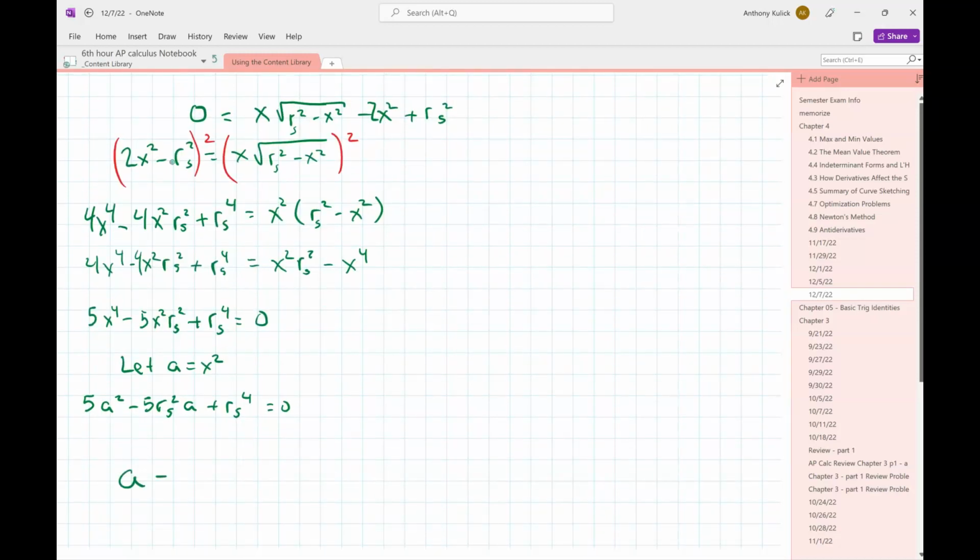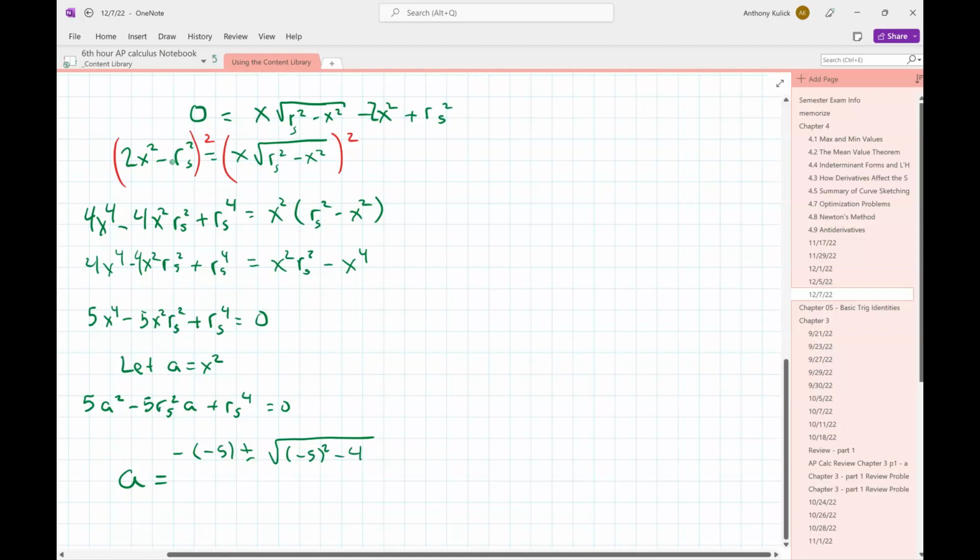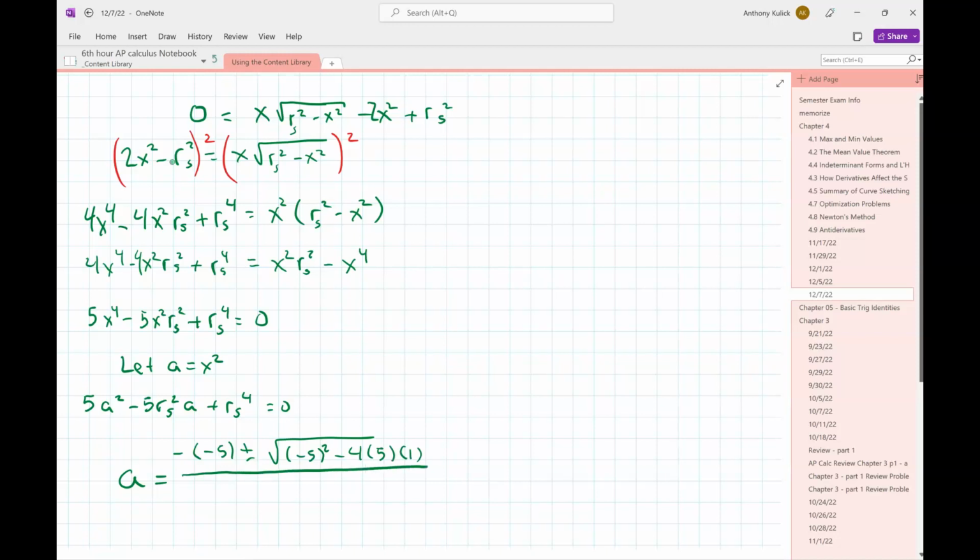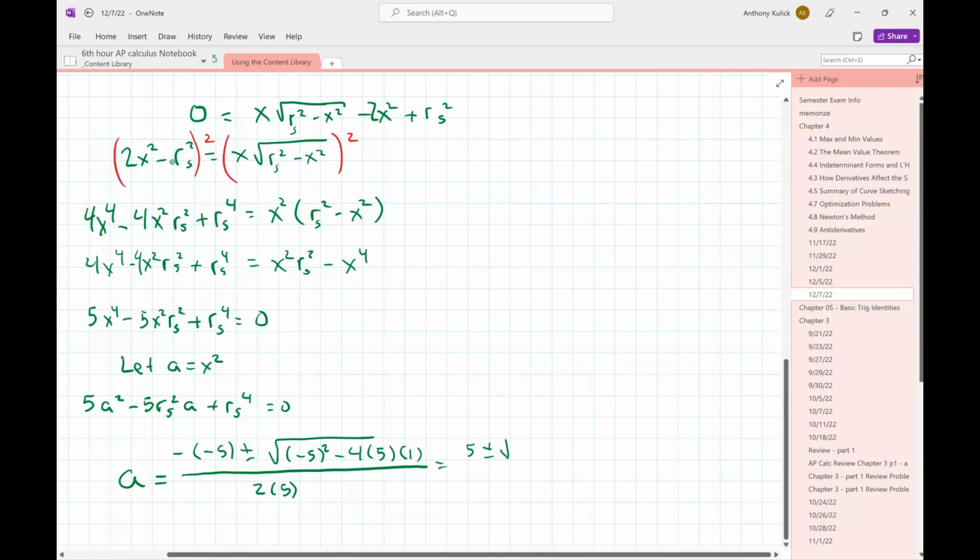So I can apply the quadratic formula: a is going to equal negative of negative 5 plus or minus square root of negative 5 squared minus 4 times 5 times 1, over 2 times 5. I noticed I couldn't factor this, right? Two things that multiply to give me 5 and add to give me negative 5 are not there. So I have 25 minus 20. So I have 5 plus or minus the square root of 5 all over 10.